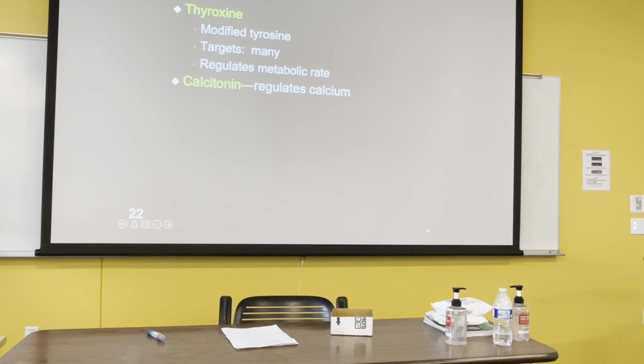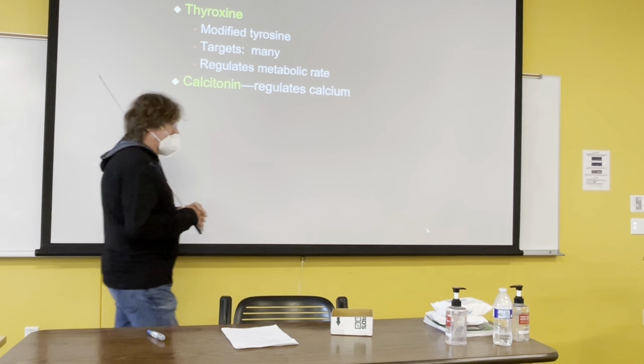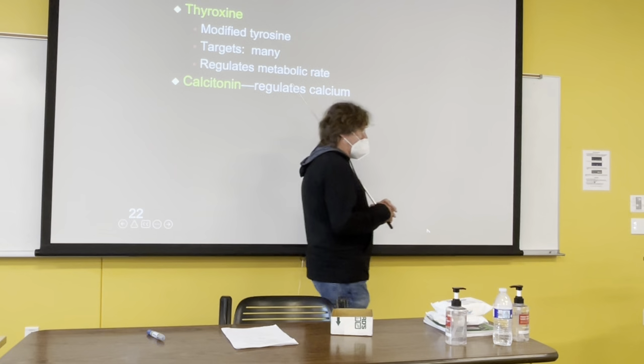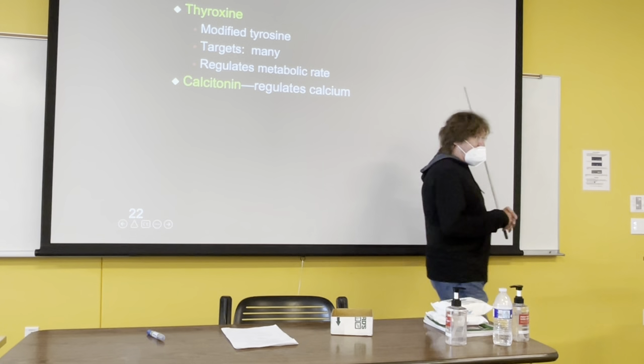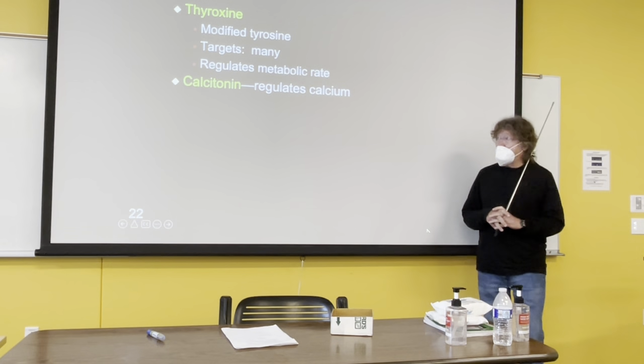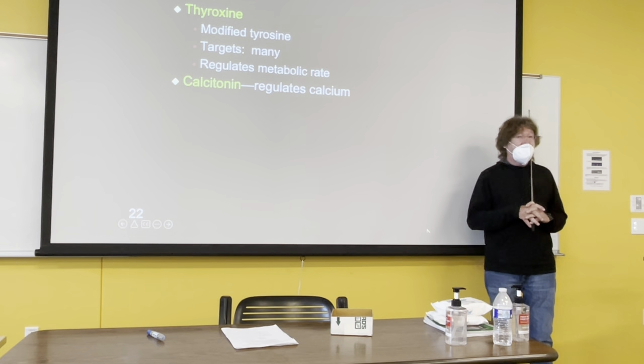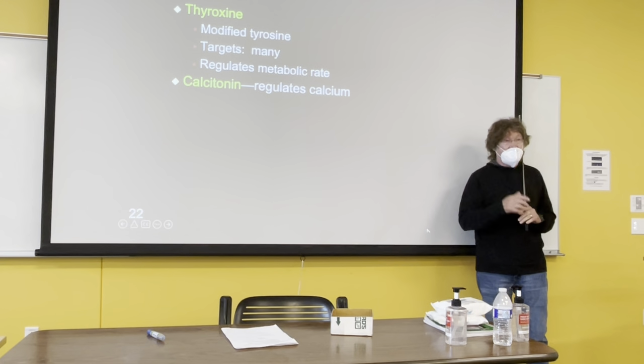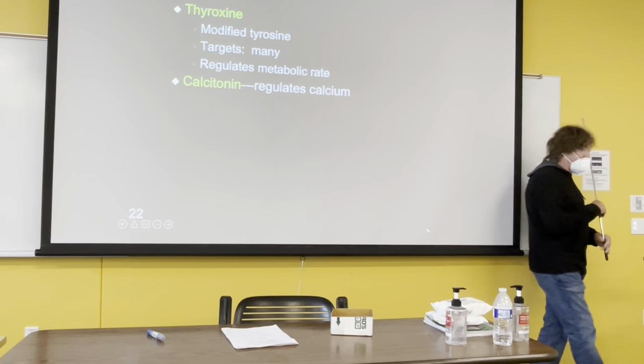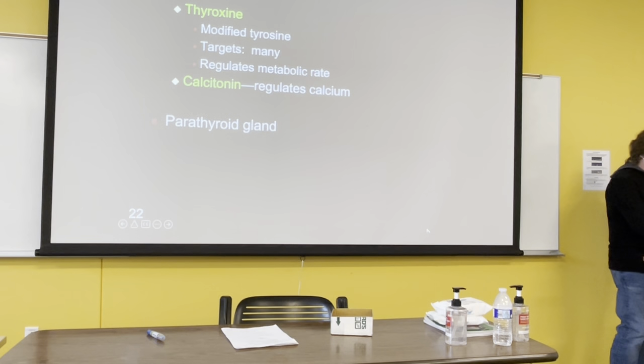For muscle contraction, calcium is very much involved. And for the release of neurotransmitters from neurons, calcium is involved. However, it has to be highly regulated. It could be very reactive if you have too much or too little of it. So it has to be very regulated in your blood.